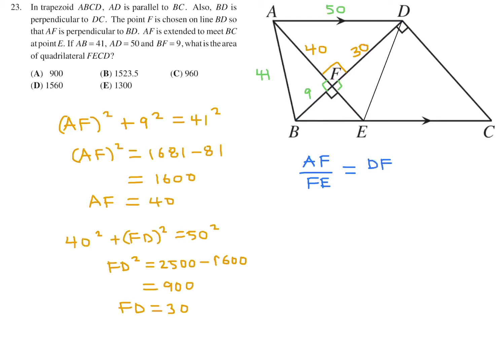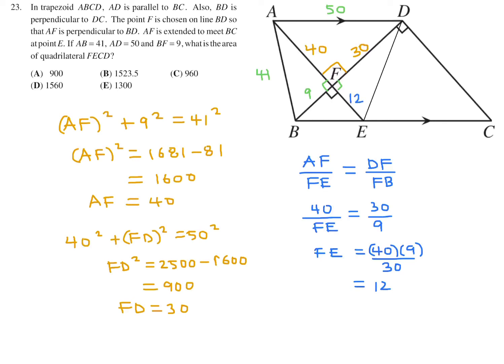So do we have our values? AF is 40, FE is what we're figuring out here, DF we know is 30 and FB is 9. So if you do this, you'll get FE is equal to 40 times 9 all over 30. And therefore FE is 12. So put that in there, like that.